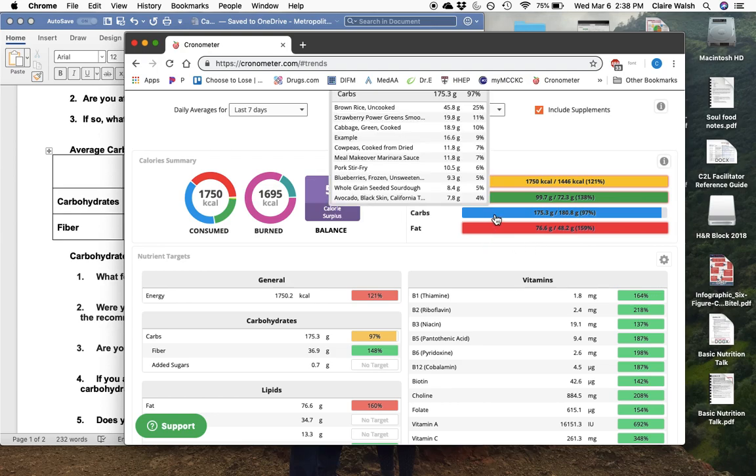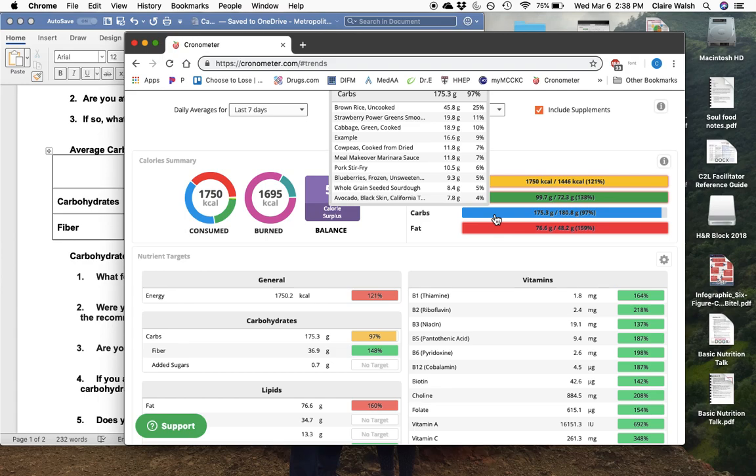So if we hover over the carbohydrate bar, you'll see that there is a list of foods and you'll see those percentages on that list. So that tells you what percentage of your carbohydrate intake came from each of these foods.